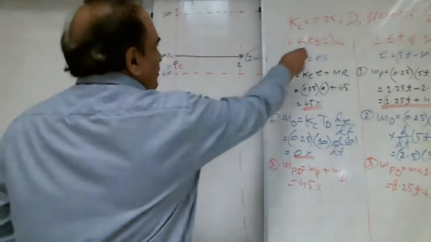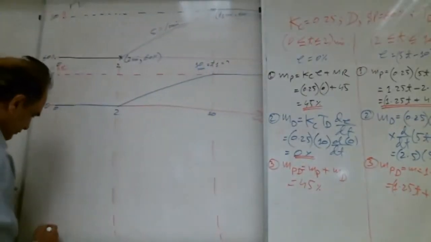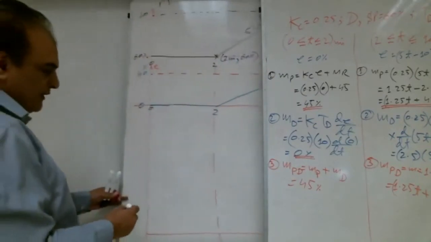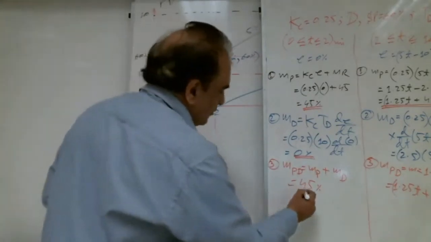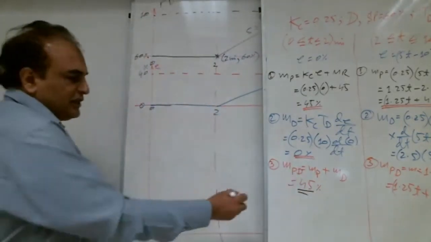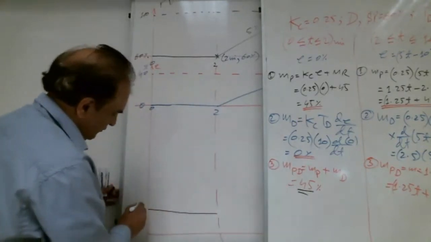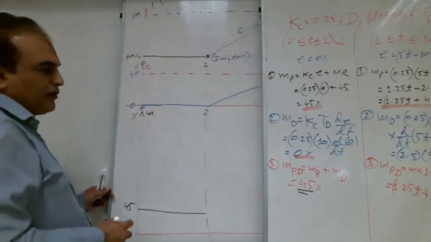From 0 to 2, what is output, Shabab? 45. Can you make a reference line? Yes. From 0 to 2, what is output? 45. 45 constant. There is no T here, nothing. So we draw a line here, constant 45 output %. Okay.